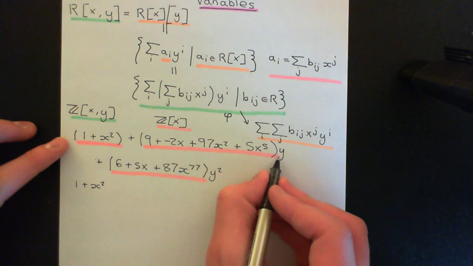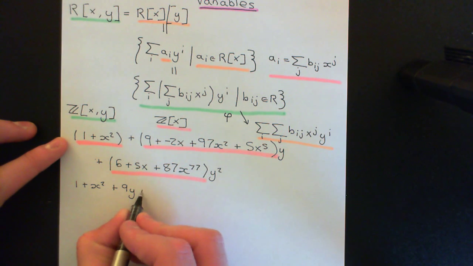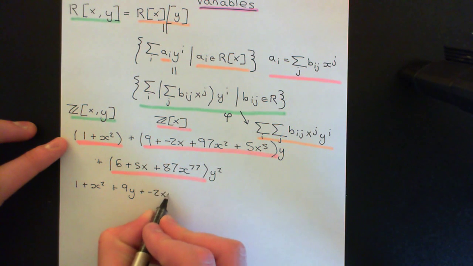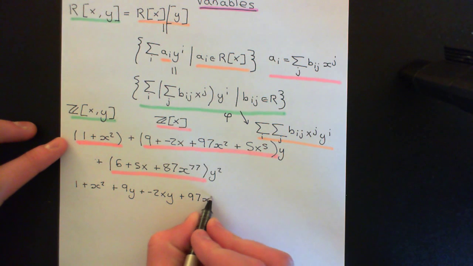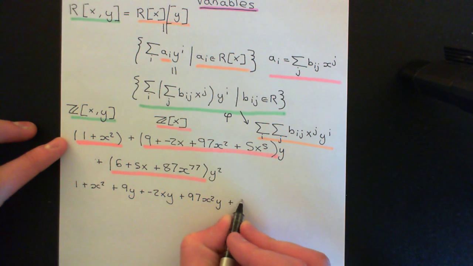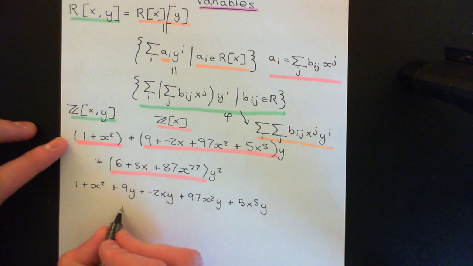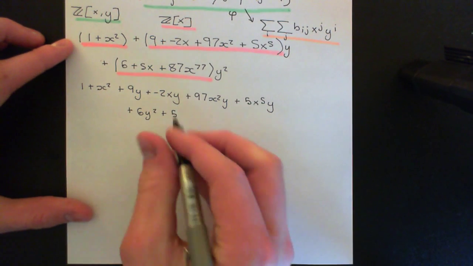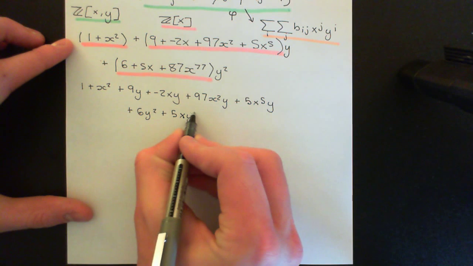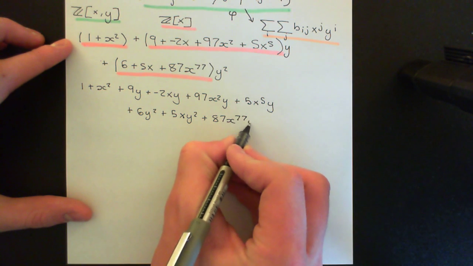Now I'd expand this one here, so I'd get plus 9y plus negative 2xy plus 97x squared y plus 5x^5 y, and then expand this one, then we'd have plus 6y squared plus 5xy squared, and then plus 87x^77 y squared.